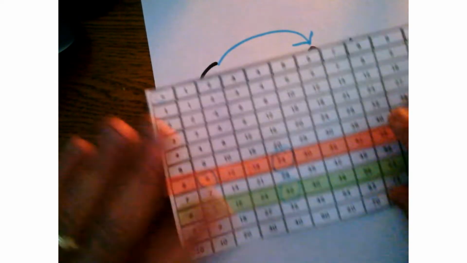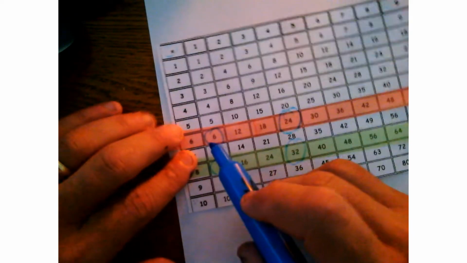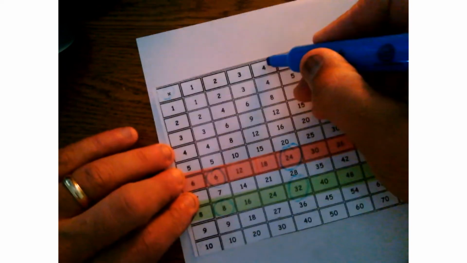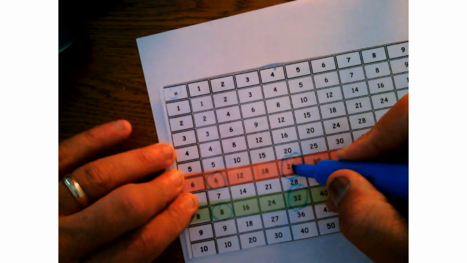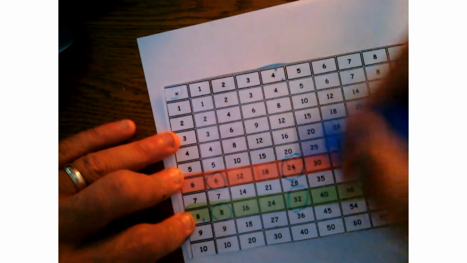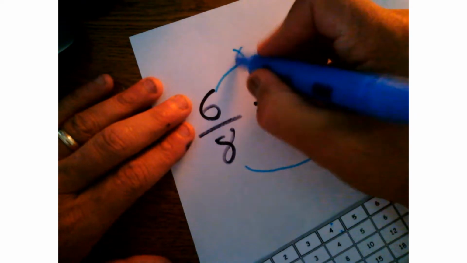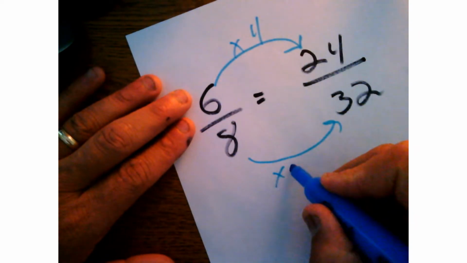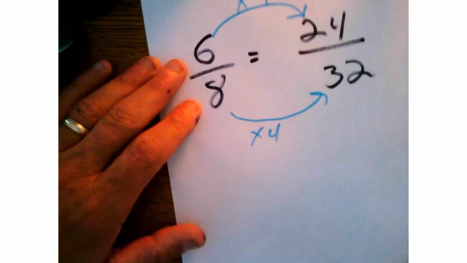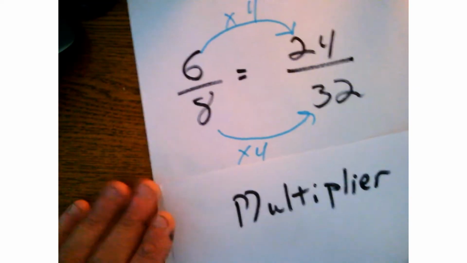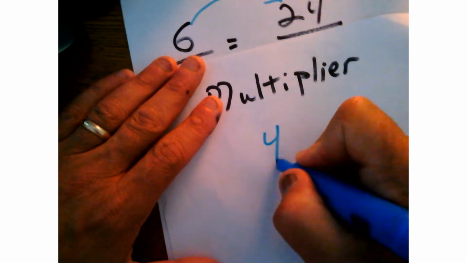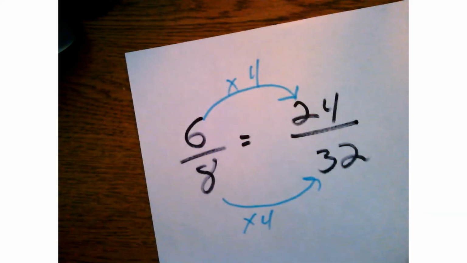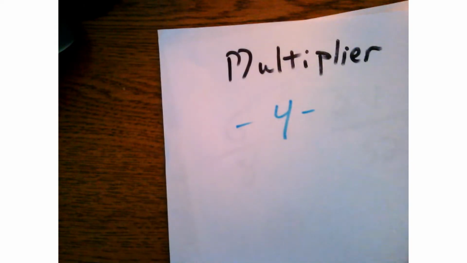So you can look over at your sheet, or you could just know your times tables. 6 times 4 is 24, and also 8 times 4 is 32. So my multiplier in this case is going to be 4. If you get a question, just ask, what's the multiplier? The multiplier is 4. You multiply the numerator and denominator by 4.